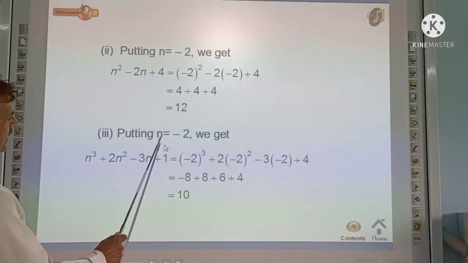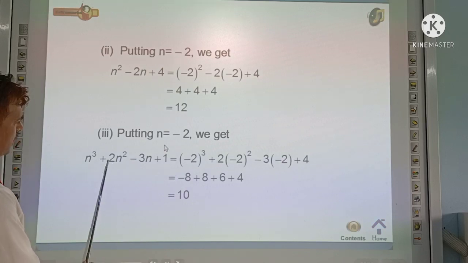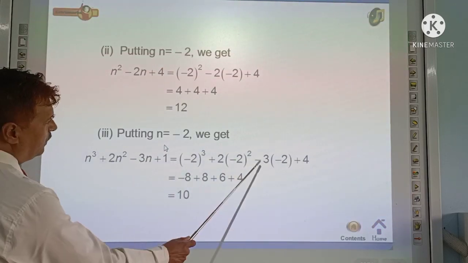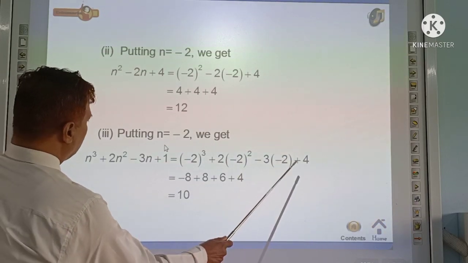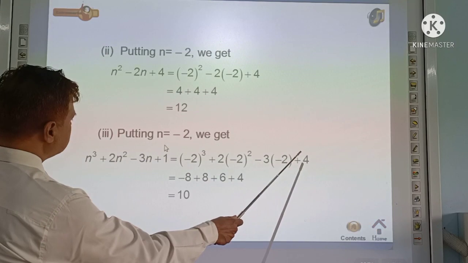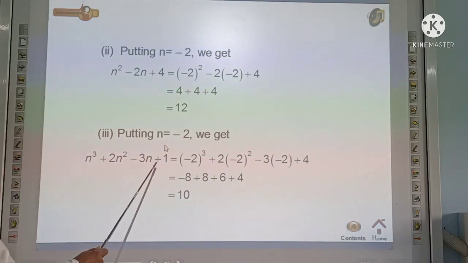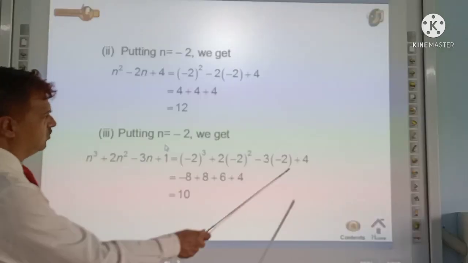Now n is equal to minus 2, n cube minus 2 squared, 3n minus 3 minus 2, 1. It is the wrong substitution, because here is 1, here is 4. So you will solve it with 1.